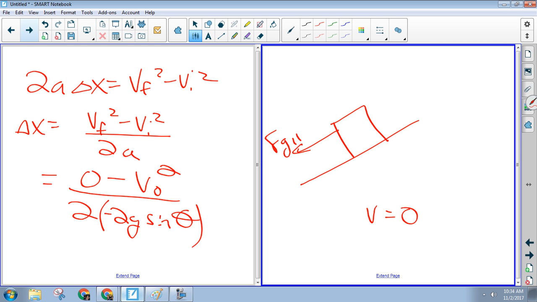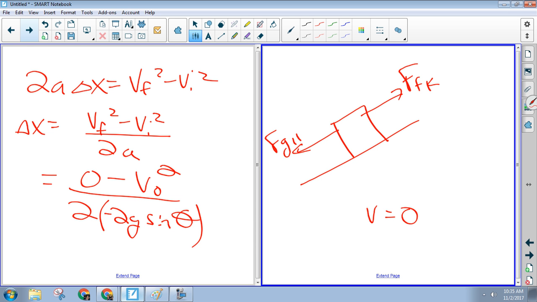If the coefficient of static friction is greater than the coefficient of kinetic friction, then it won't slide down, because the force of gravity parallel to the slope is equal to the force of kinetic friction. Perfect. So what Jen is saying is we already know that the force of kinetic friction is equal to the Fg parallel, right?